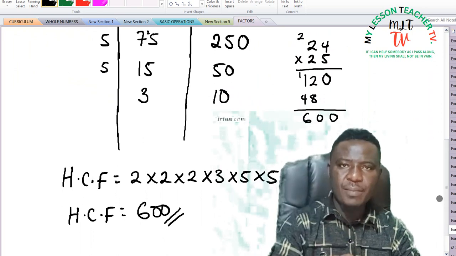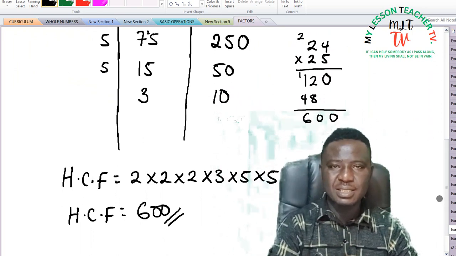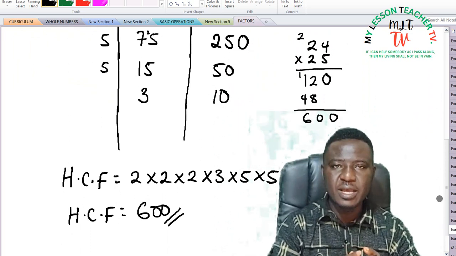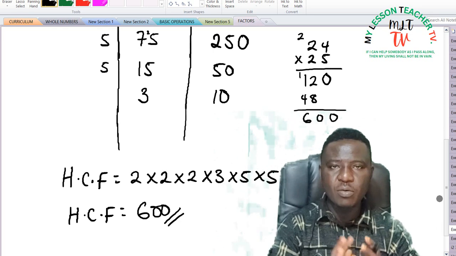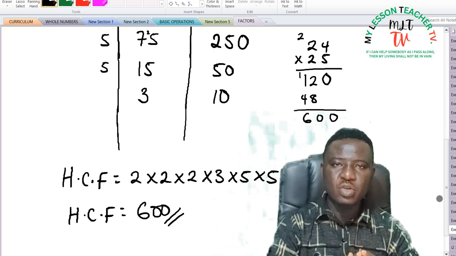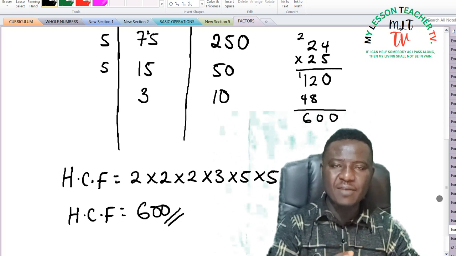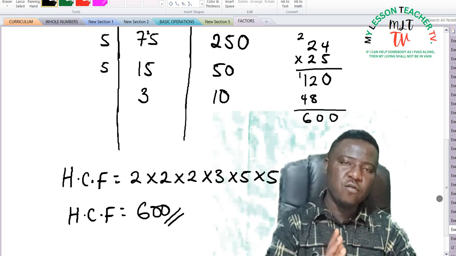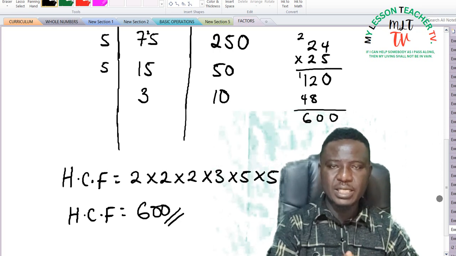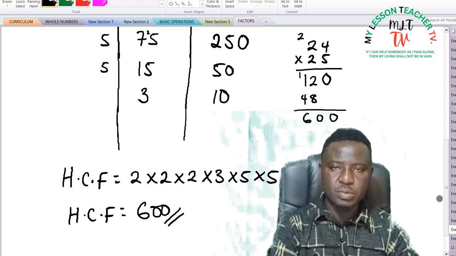That brings us to the end of today's class. In today's class, we have looked at HCF, which we refer to as the highest common factor. And in order for us to get the highest common factors of two numbers, I have given you about 4 different methods in achieving them. One of which is prime factorization, another is the use of diagrams.